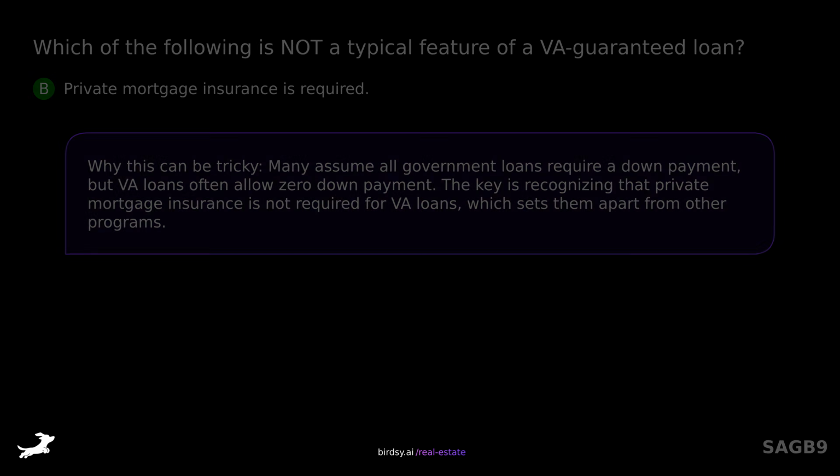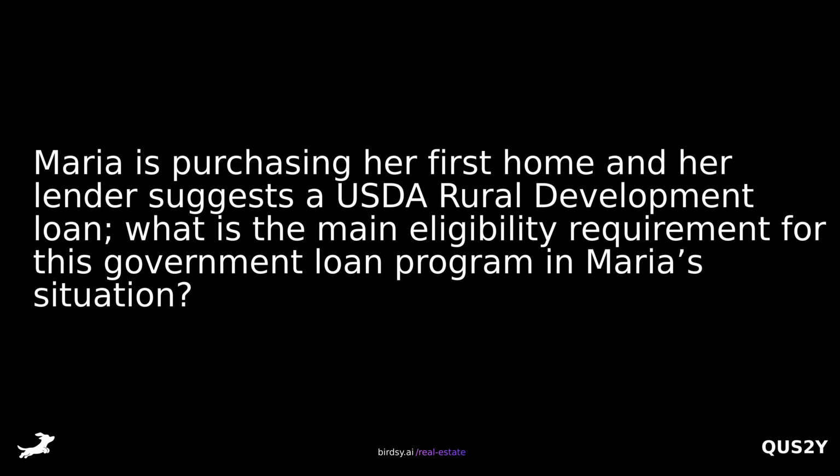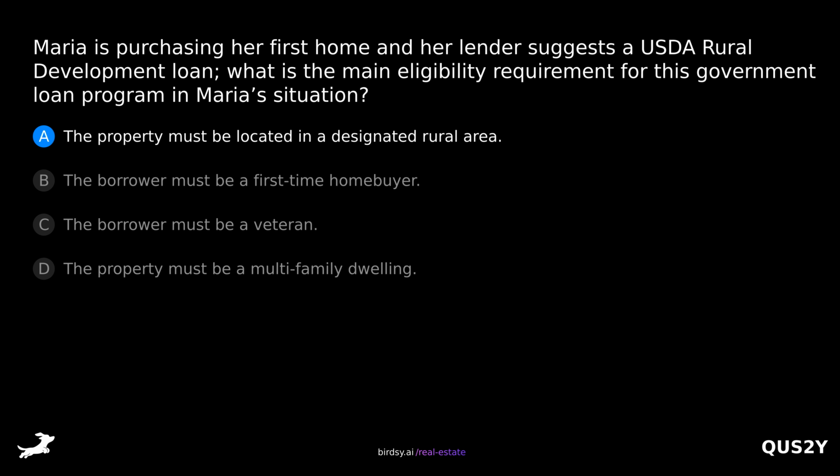Maria is purchasing her first home, and her lender suggests a USDA rural development loan. What is the main eligibility requirement for this government loan program in Maria's situation? Is it A, the property must be located in a designated rural area? B, the borrower must be a first-time homebuyer? C, the borrower must be a veteran?